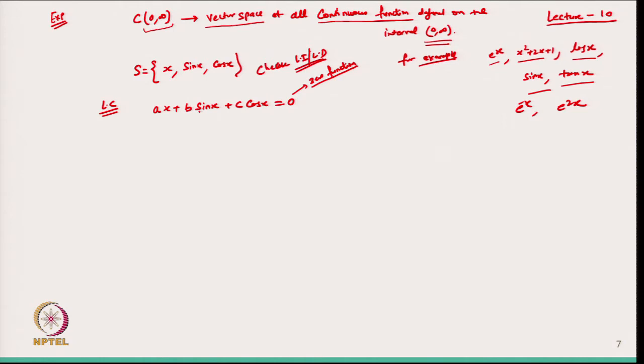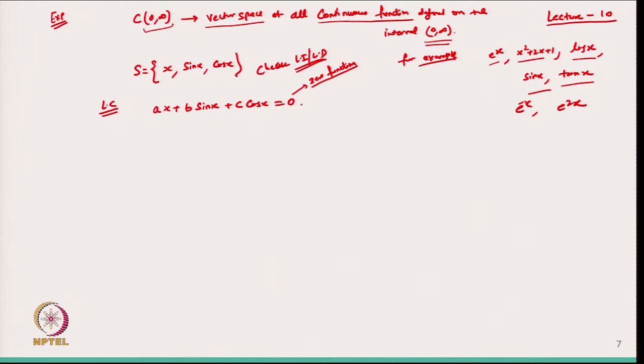We know that this function belongs to C 0 infinity, but I also know that x is a polynomial, and I can take the derivative of it. Sin x also I can differentiate, cos x also. So, these functions are differentiable.